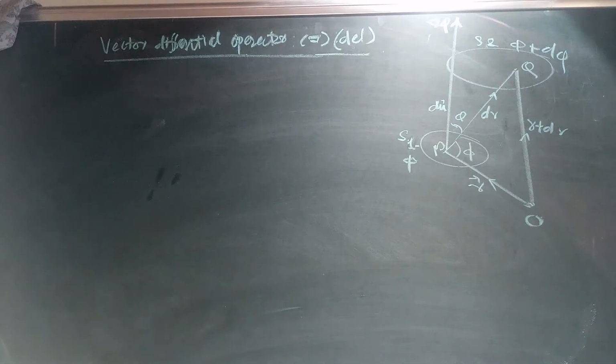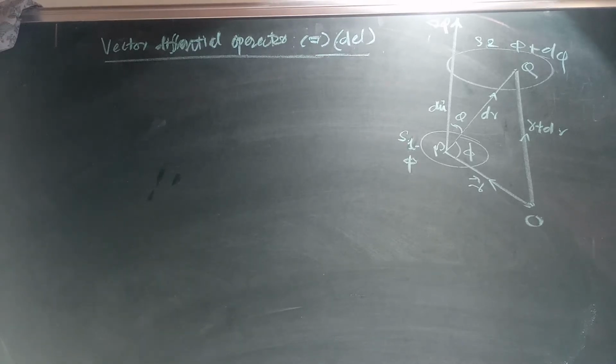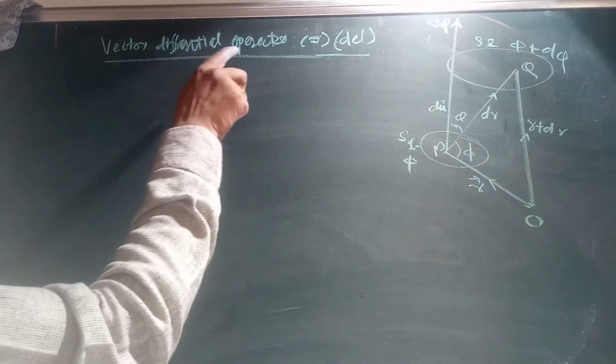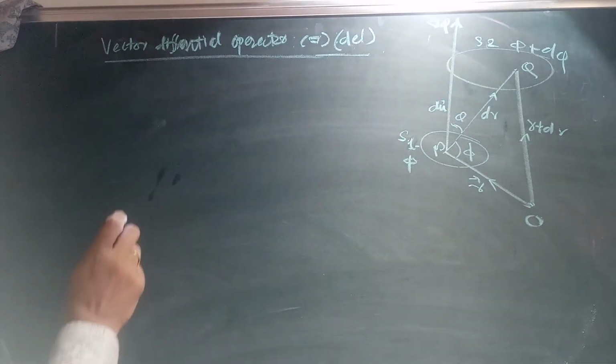Hello friends, in the previous lecture we have studied scalar and vector fields and all these things related to vector differentiation. Today we are going to start with a very basic and very important operator, the vector differential operator, or del.